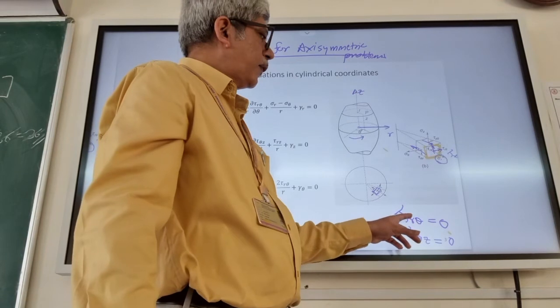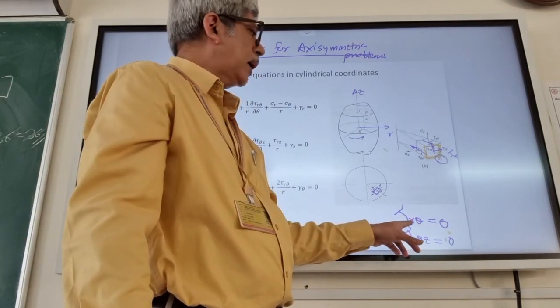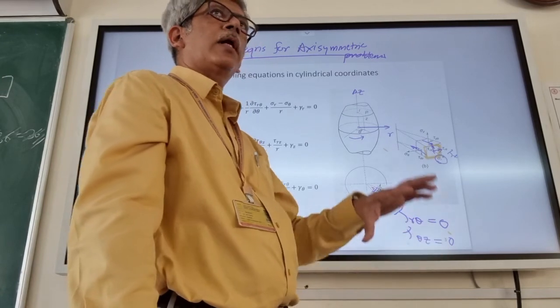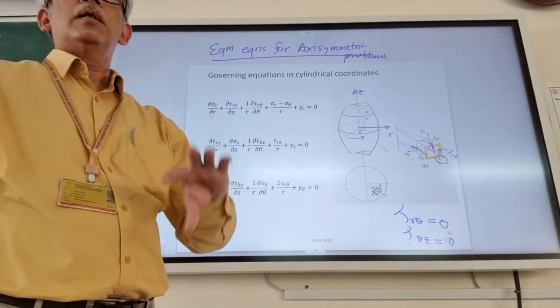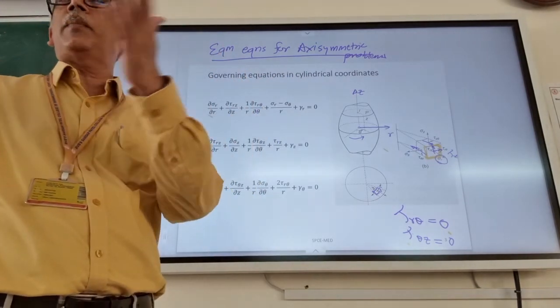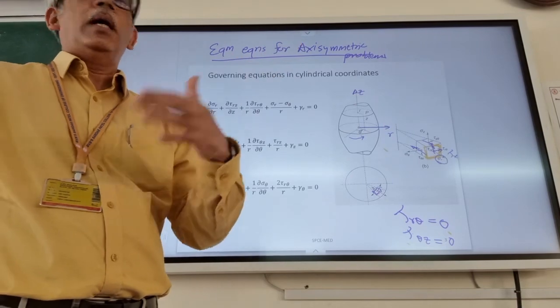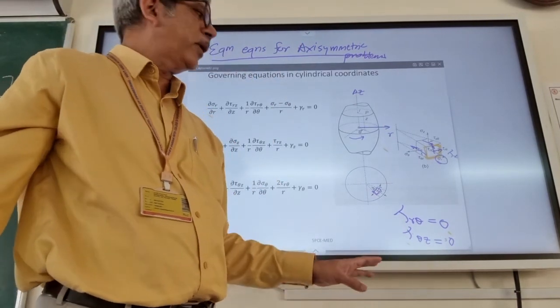For tau r theta to occur, you would require a loading which causes distortion in the theta plane. For axisymmetric problems, the distortion cannot happen in the theta plane, and that is why these two components are 0.